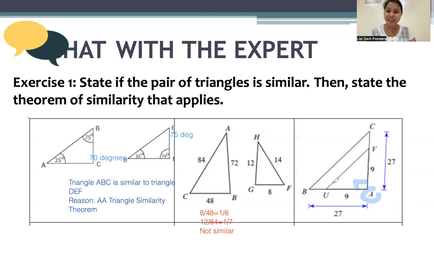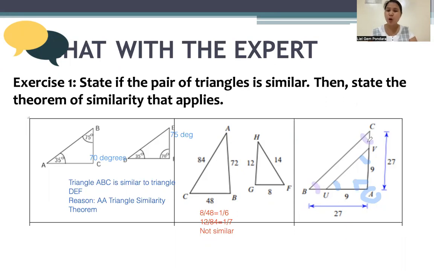In the previous lesson, remember that isosceles triangles have the same base angle measures. So this will be 45 degrees and 45 degrees. The same is true for the other triangle. It's 27 and 27. So this can be 45 and another 45.